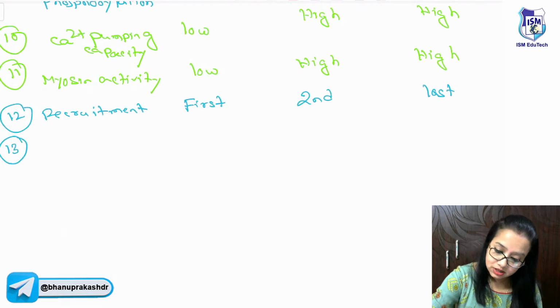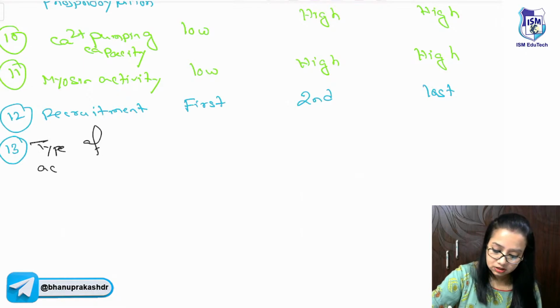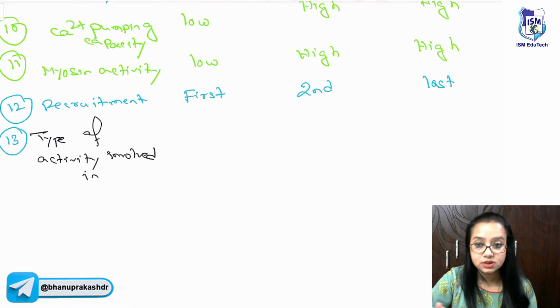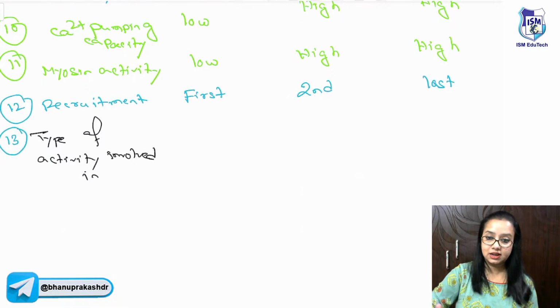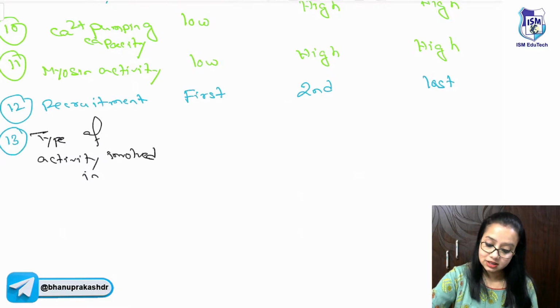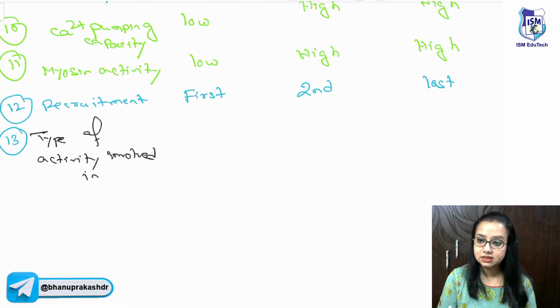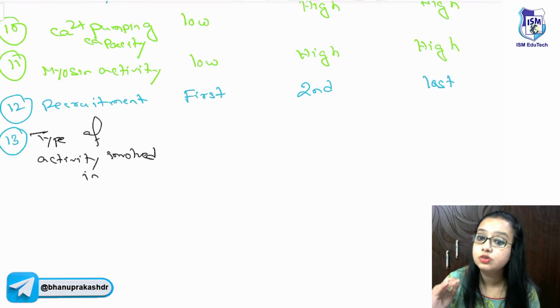Okay, so we write it as type of activity involved in. So the slow type, the type 1, suppose I'm just sitting idly or standing idly, then this is the muscle which will undergo contraction and give me the mechanical strength and enable my muscles to allow me to stand.